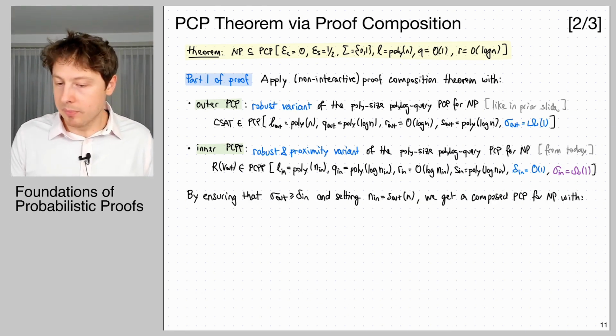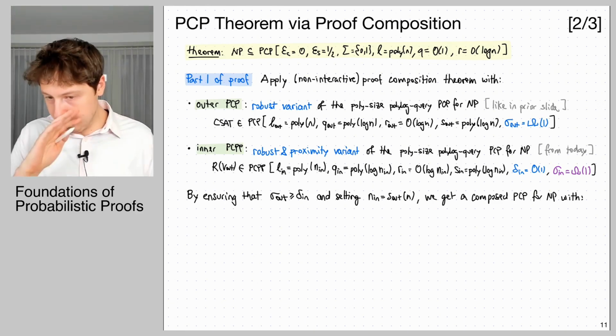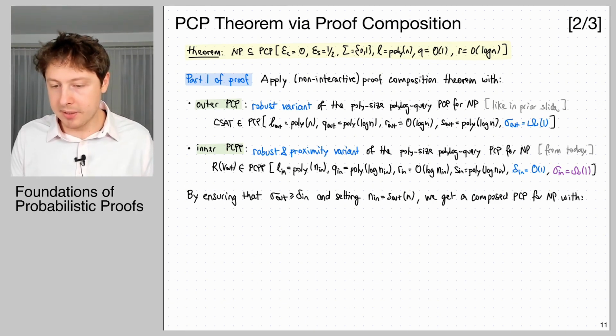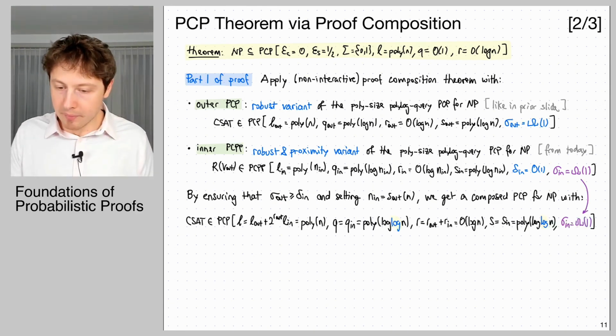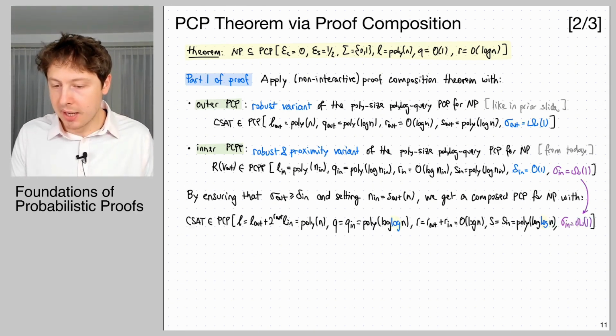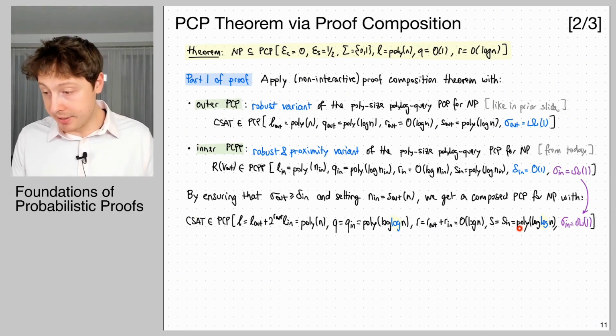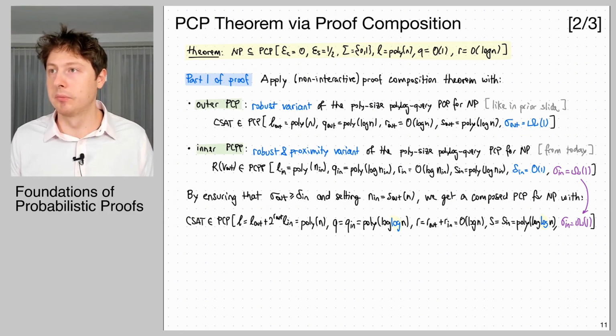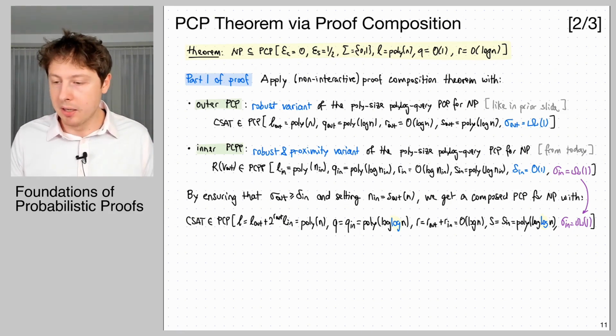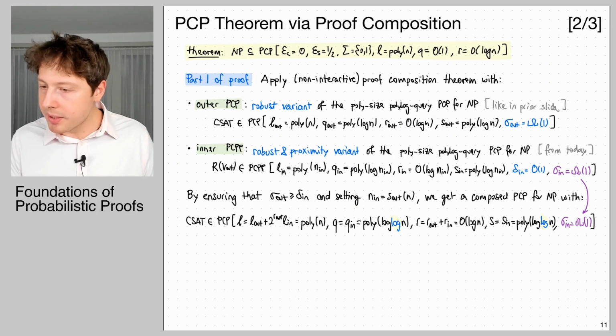And now, again, provided this is the case, which we can do because we can make this as small as we want, we're going to construct something that still has polynomial size, but now the query complexity and the state size are polylog-log. Okay? Why? Because, look, the state size here was polylog.